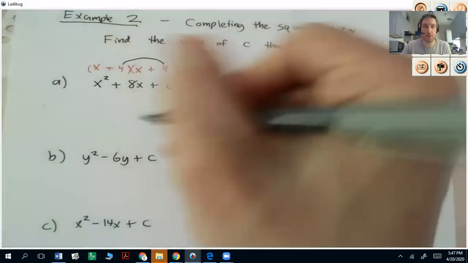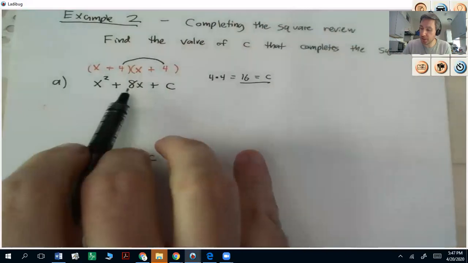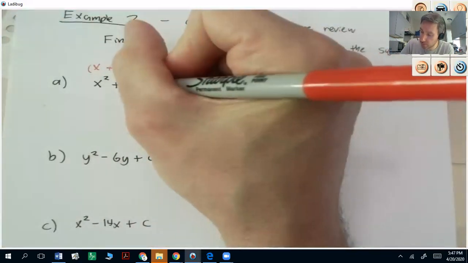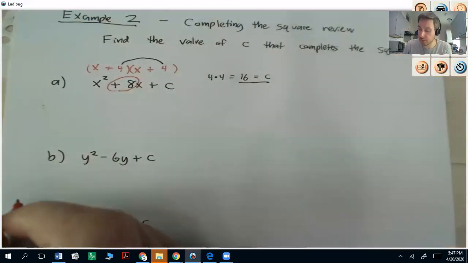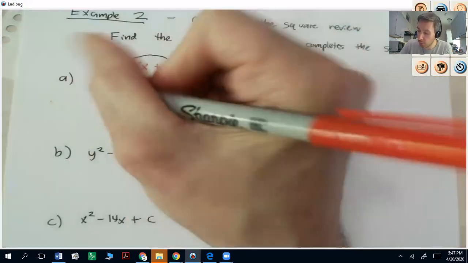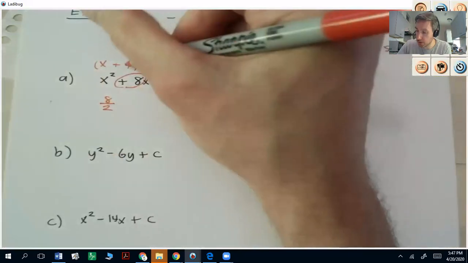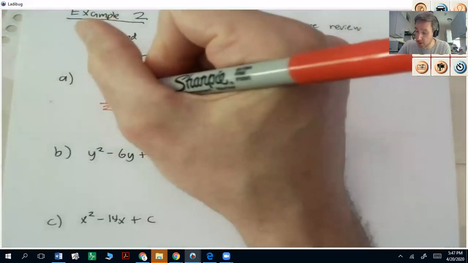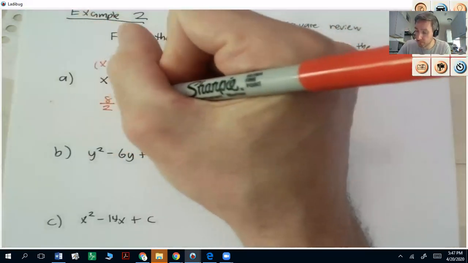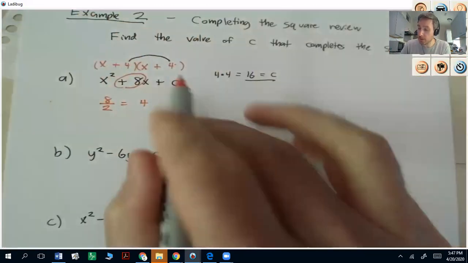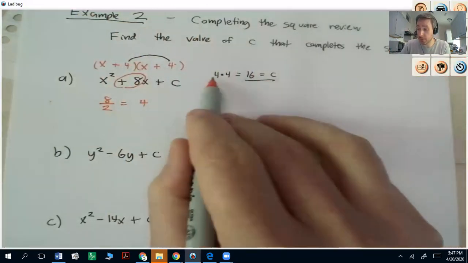Now, how to get that without having to write these two binomials is you're basically going to take this number here, that positive 8, or if it's negative, negative, and divide it by 2. That's going to get you this number there. So 8 divided by 2 is going to give you 4. And then to get that 16, we multiplied the 4 times itself.